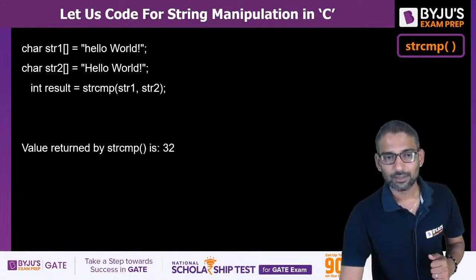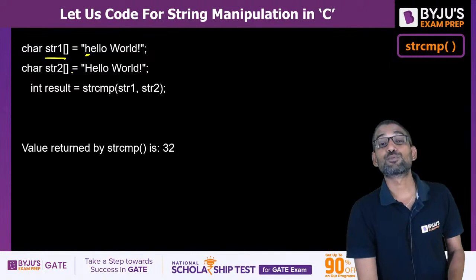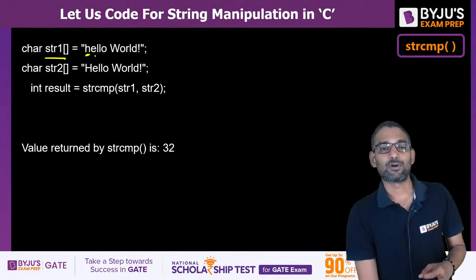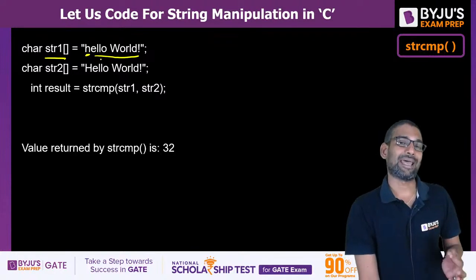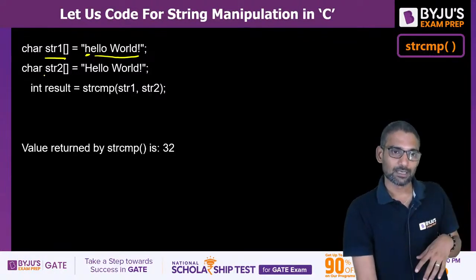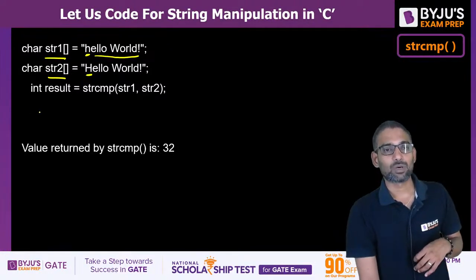Here, if I change the first string to small h followed by E, L, L, O, W, O, R, L, D, so hello world with small h, and str2 as hello world with capital H. What I said?